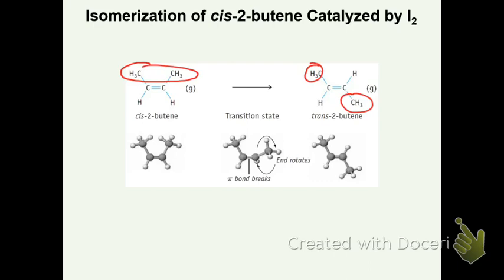And the reason that this is a high energy process relates back to something that you covered last semester, which is hybridization of orbitals and valence bond theory. So in cis-2-butene, we have a double bond between two carbon atoms. And so that double bond is formed by a sigma bond between two sp2 hybridized carbon atoms.